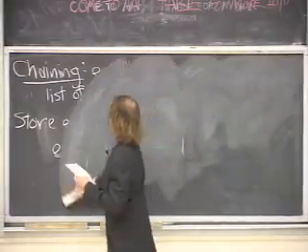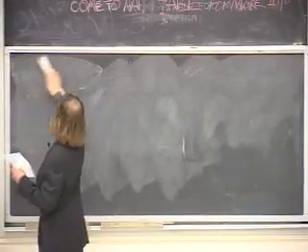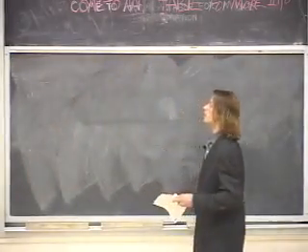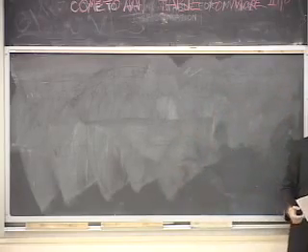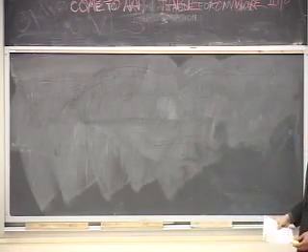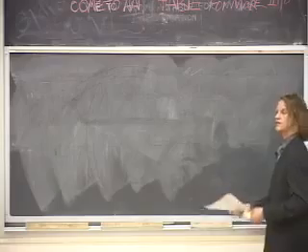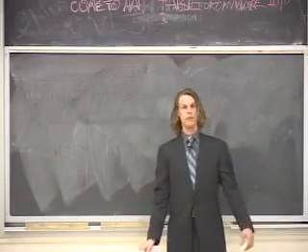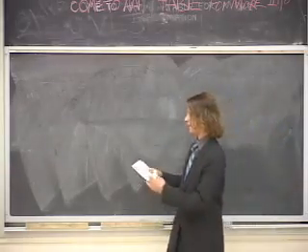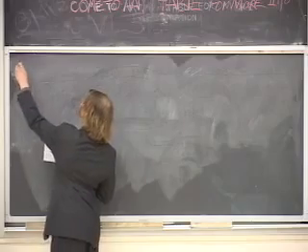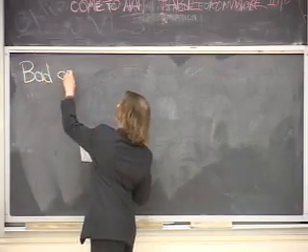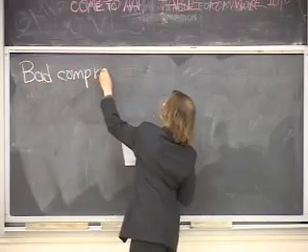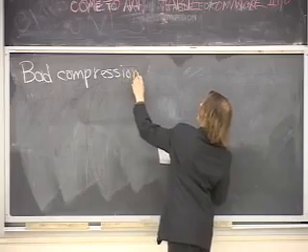Now, the problem is with both hash codes and compression functions, it's easy to mess up and create a hash code or a compression function that causes far more collisions than are really necessary. Just to give you an example of a bad compression function, an idea of what to look out for, what can go wrong.